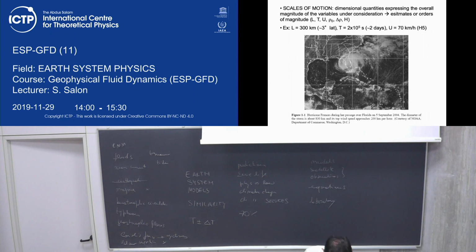So scales of motion are, let's say, dimensional quantities which express the overall magnitude of the variables under consideration. Okay, so it's a very engineering approach, because we want to say what is the order of magnitude of a specific variable.